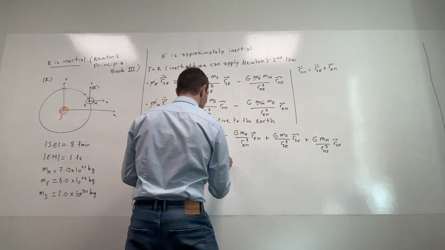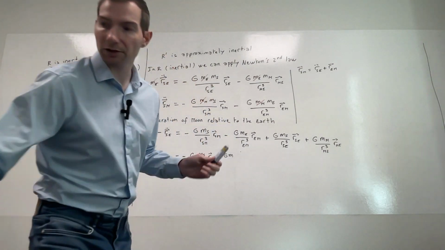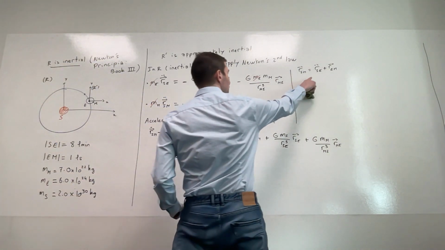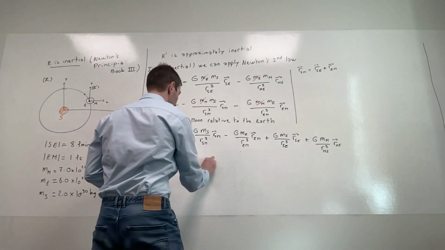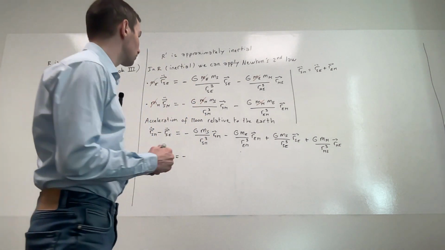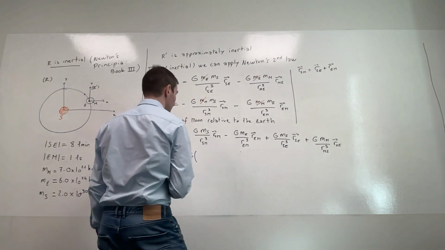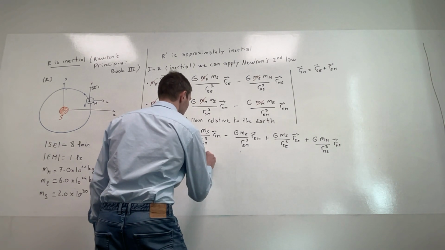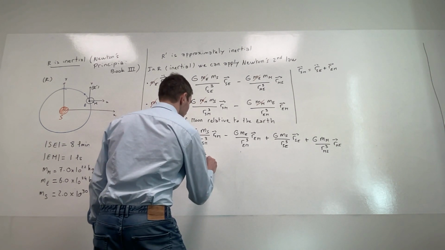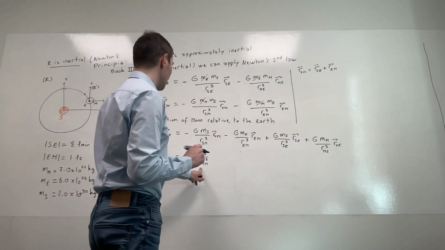I'm going to keep this one here, so minus G. Yeah, so let me put everything together. So by substituting this, I'm going to be able to factorize things out. So it's equal to minus G, and then factorizes. I've got M_S over R_SM cubed. Okay, so that's what I have.